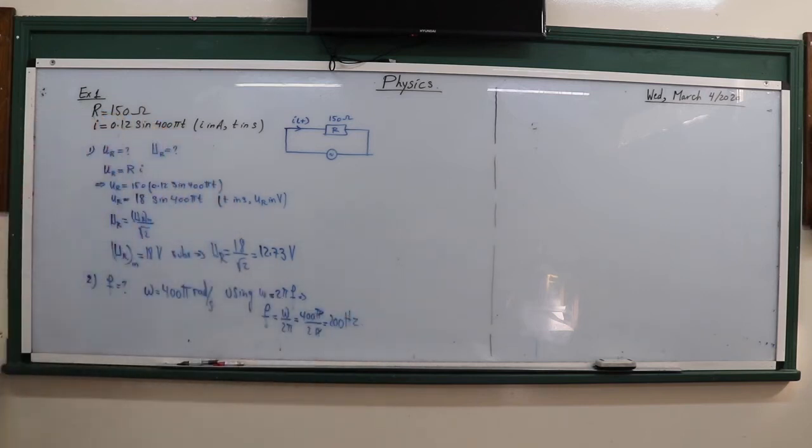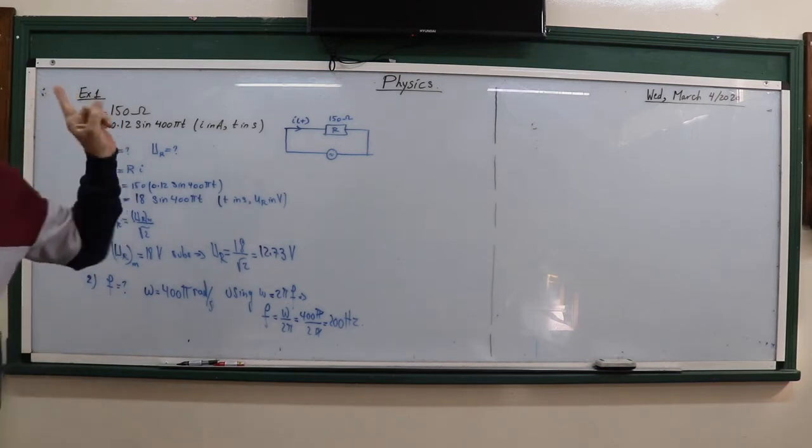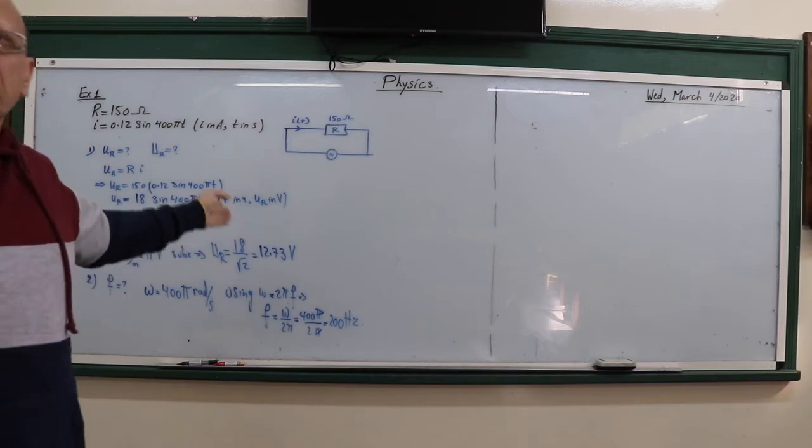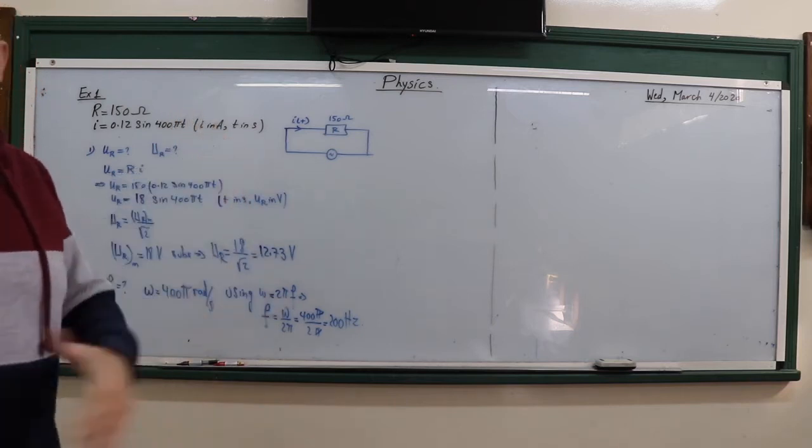Okay. This was an application, or exercise 1, which deals with the resistor, how to calculate the voltage across the resistor, which is similar to that of case 1. But here, as you see, we use the theoretical method.